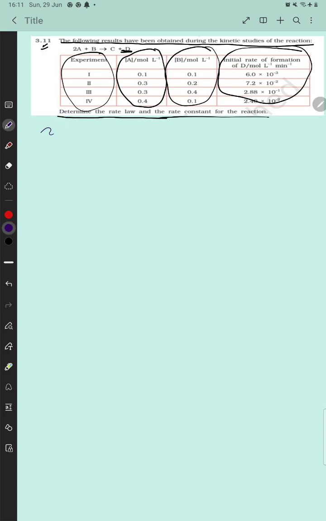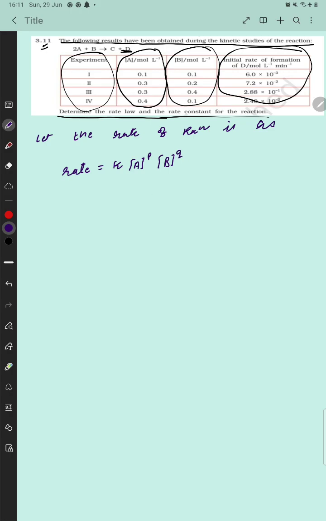So dear student, let the rate of reaction be written as: rate is equal to K, A power P, since we don't know the order, and B power Q, since we don't know that order either.